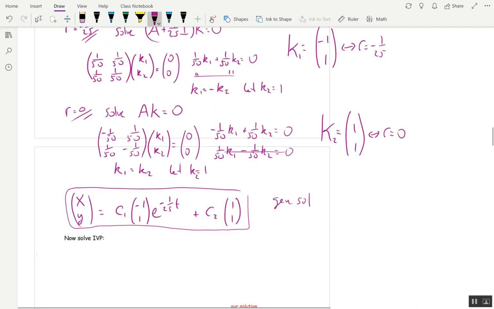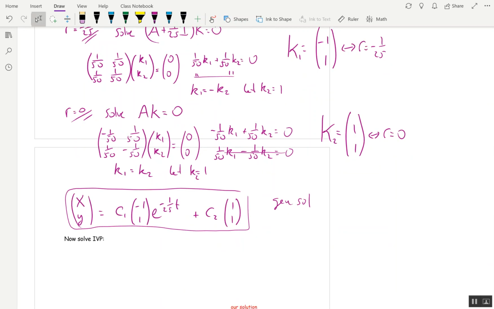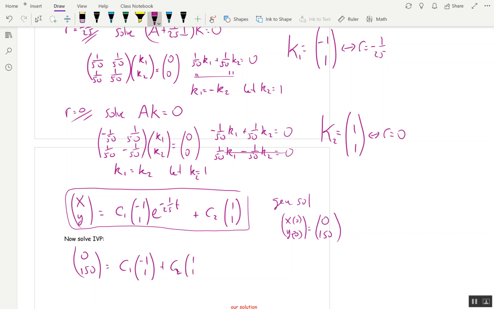And now we're going to solve the IVP given by x of 0, y of 0. Remember, we had 0 pounds in tank A and 150 in tank B. So on the left, I'm going to get 0, 150. And on the right, I'm going to get C1, -1, 1, e to the 0, plus C2, 1, 1.